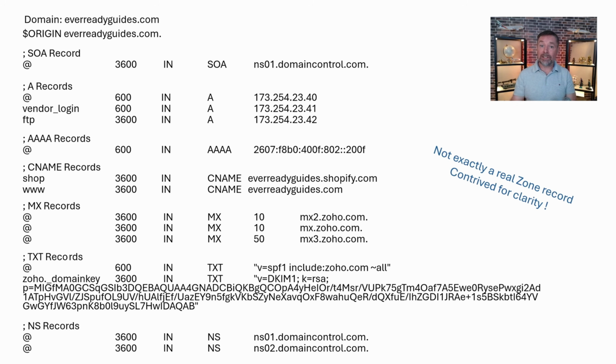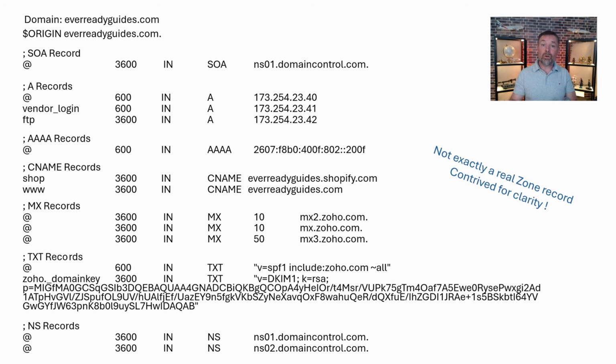A DKIM is the public key for the Zoho server that my email would be sent from. So when somebody receives email from everreadyguides.com, if they're set up for spam protection, that receiving email server is going to go to the DNS records, look up this SPF information and look up the DKIM information.